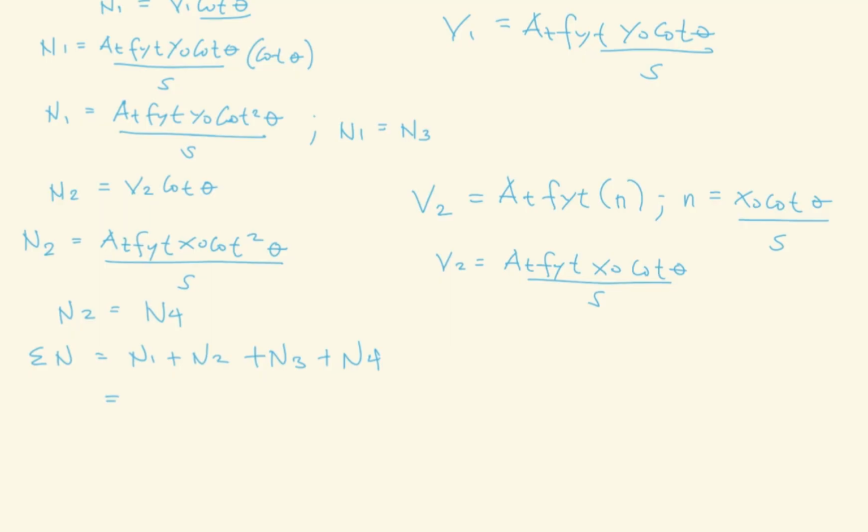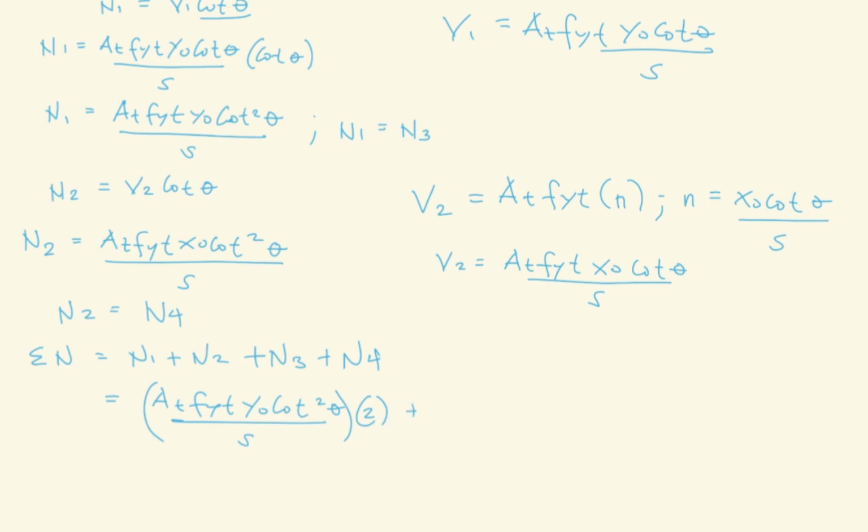N1 and N3 are equal, and so we can rewrite N1 as At fyt y sub o cotangent squared theta divided by s multiplied by 2.